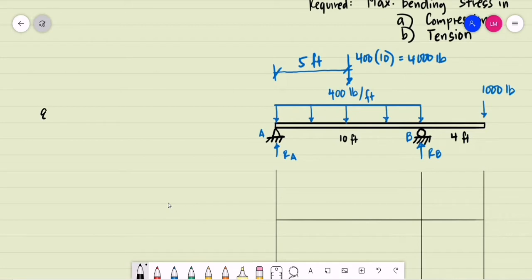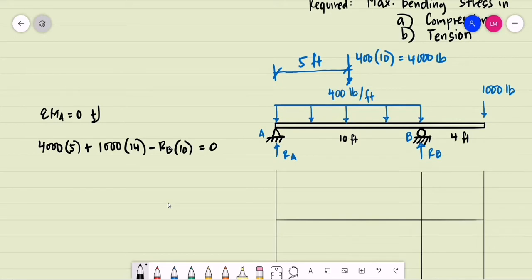We may do the summation of moments at A equal to 0, assuming clockwise moments to be positive. So we have 4,000 multiplied by 5 feet, plus the concentrated load of 1,000 pounds at the free end of the cantilever portion multiplied by 14, minus the reaction at B multiplied by 10 feet, equals 0.